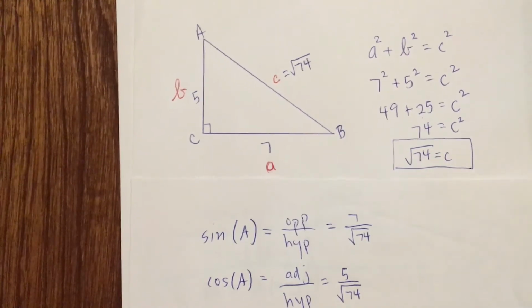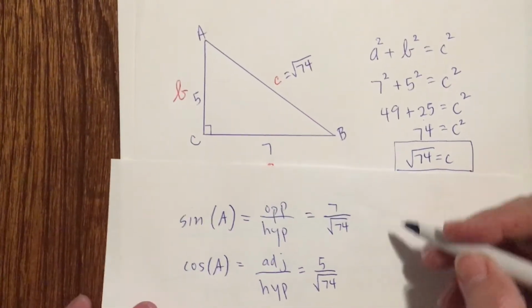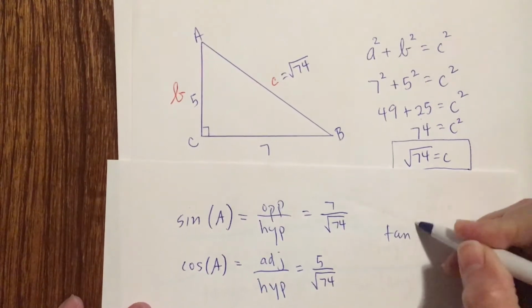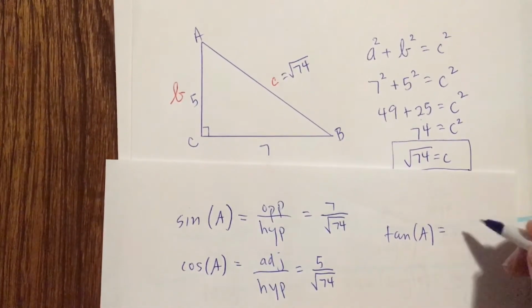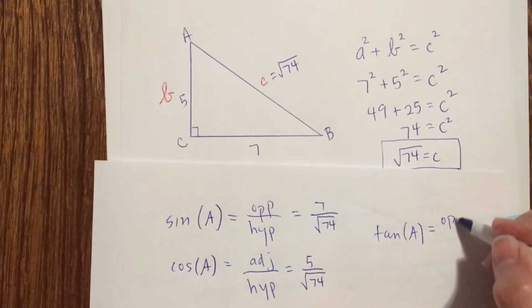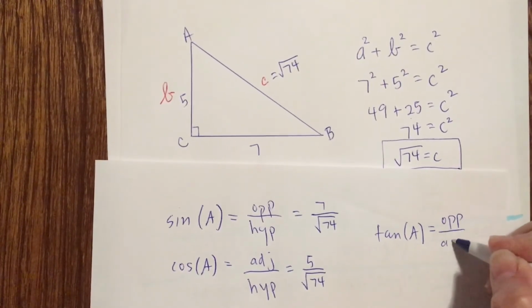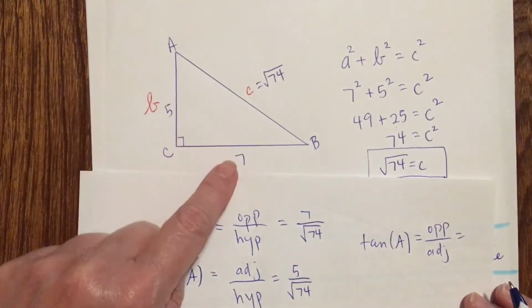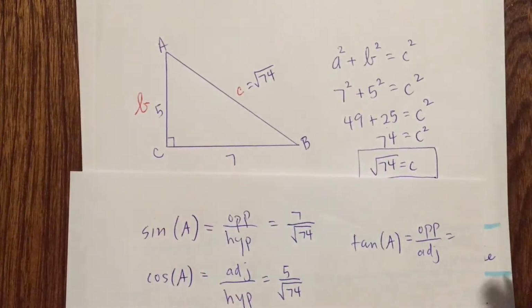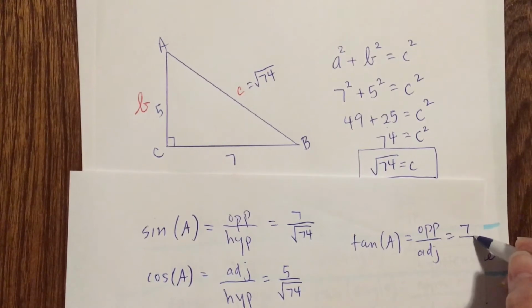And then the tangent of A is opposite over adjacent. Now the side opposite from A is 7. So that's 7 over, adjacent to A is 5.